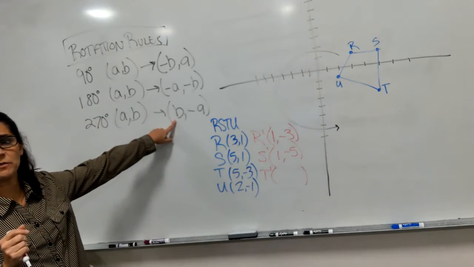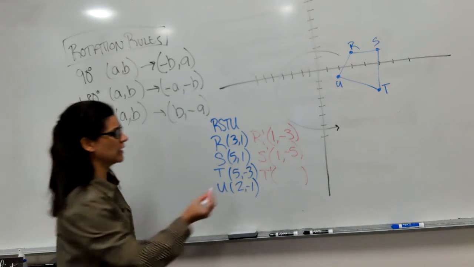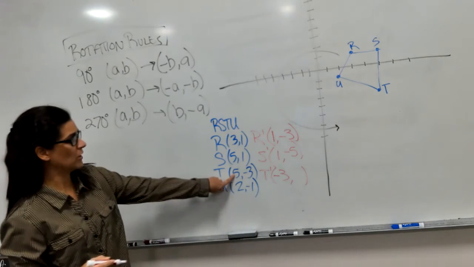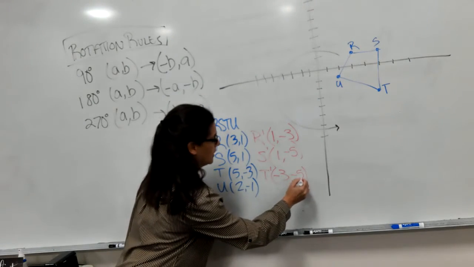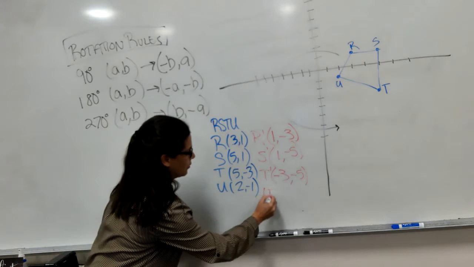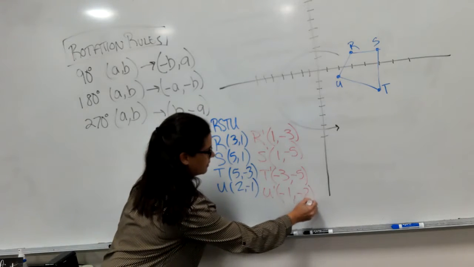We don't have to negate B, so B is gonna stay the same. It's already -3. We don't have to negate it. But we do have to negate 5. So -3, -5. And here, U prime is going to be -1, -2.